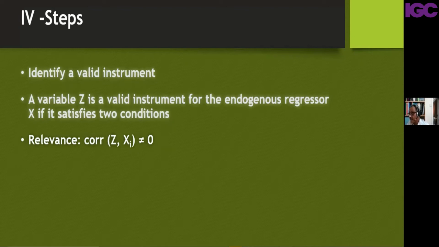That means z should be able to predict x. The other is what is called exogeneity. That means z and e, that is the error term, are not correlated. The correlation is 0. So it should affect the participation x, but not affect the outcome variable y.